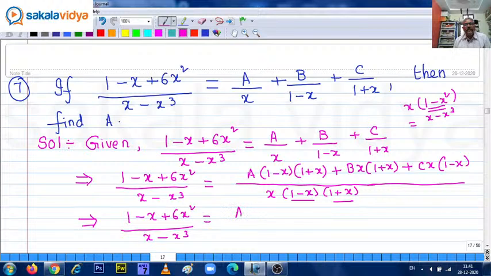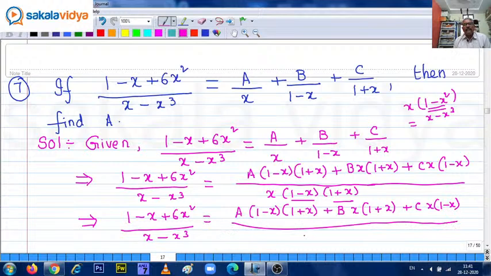So that means this is a times 1 minus x into 1 plus x, plus b times x times 1 plus x, plus c times x times 1 minus x, upon x minus x cube. So now this gets cancelled. Now this is equated to this.